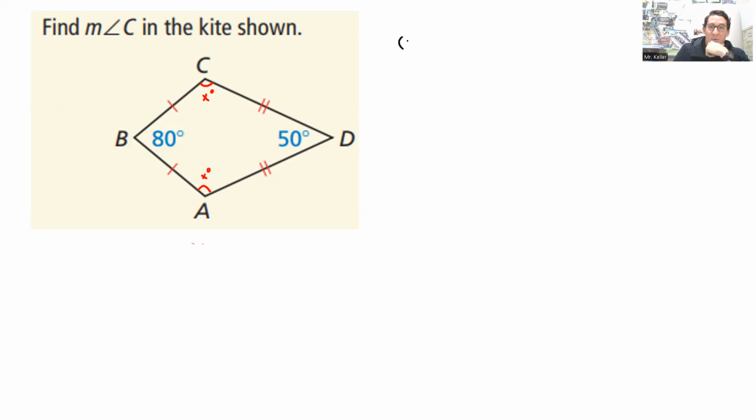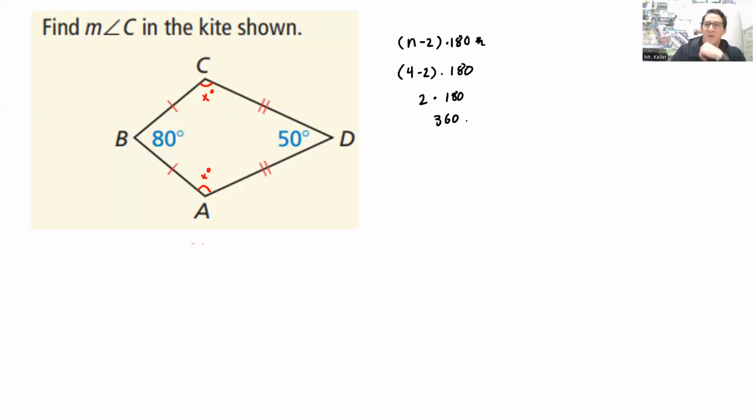If you don't remember that one, you can always do the n minus 2 times 180 that we did a few lessons ago to find the sum of those angles. So n minus 2, with 4 sides, times 180. 4 minus 2 is 2, times 180 is 360. So all 4-sided shapes, the angles on the inside sum up to 360, right?